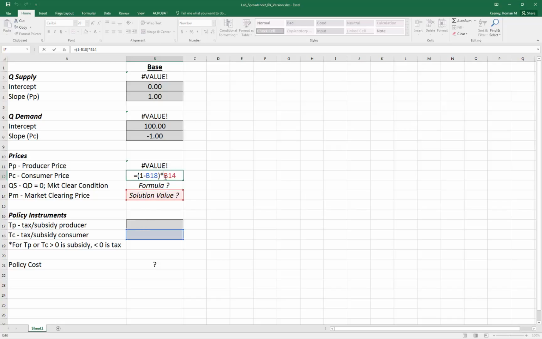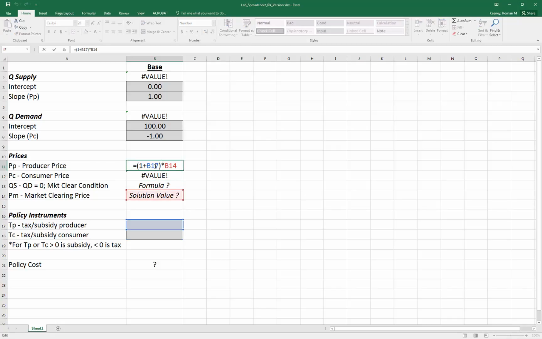Okay, this one, however, is going to look down here to the consumer. So the consumer price is going to depend on what policy effects we have on tax or subsidy on consumers. Now here's a place where I have put in different signs. Okay, so this one's 1 minus B18.